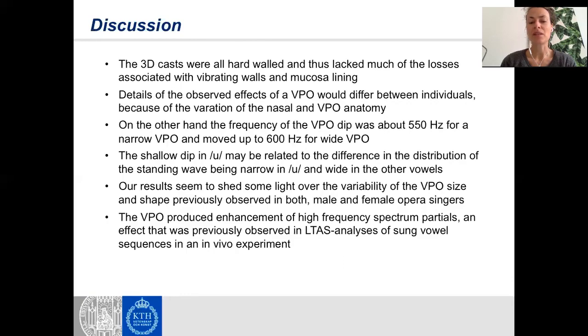The shallow dip in the vowel U may be related to the difference in the distribution of the standing wave, which is quite narrow in U and wide in other vowels.